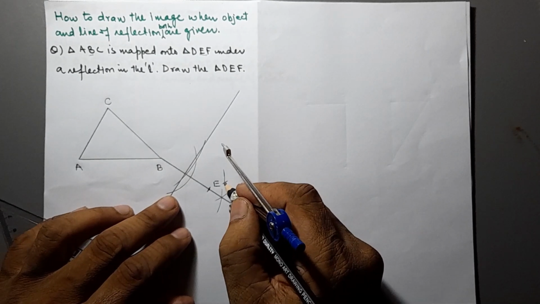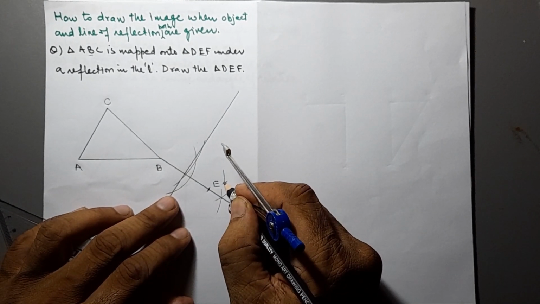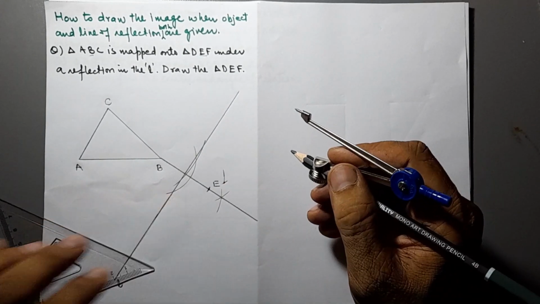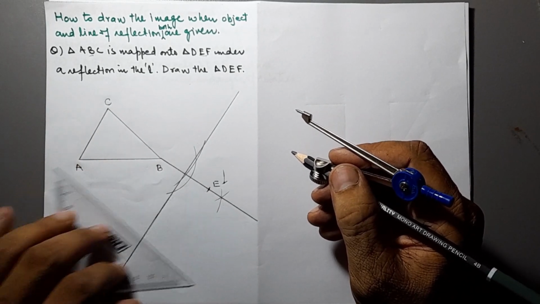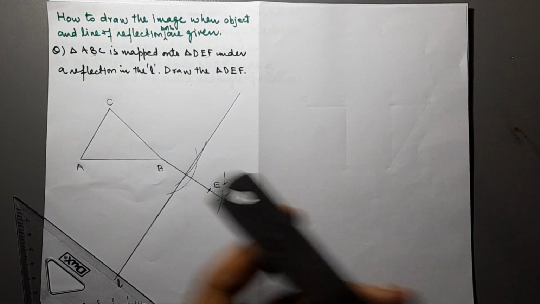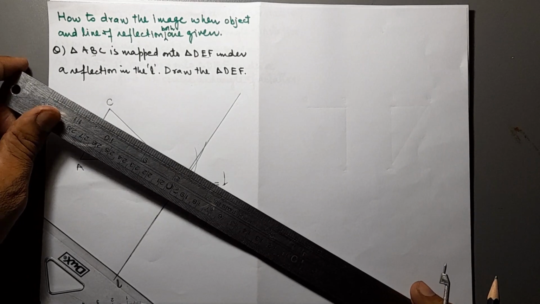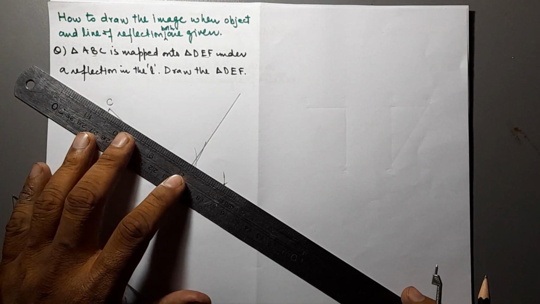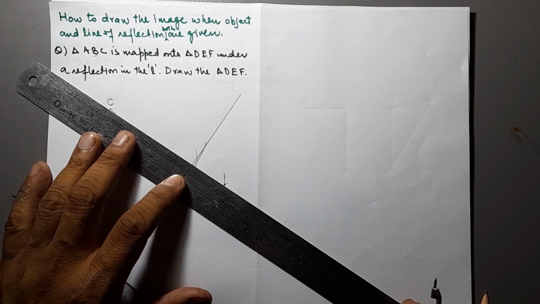This one is the point of intersection of the two arcs. I will join this point with C, and I will get the perpendicular from C to the line of reflection.